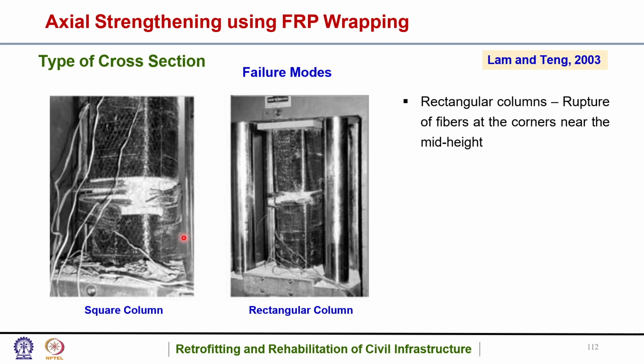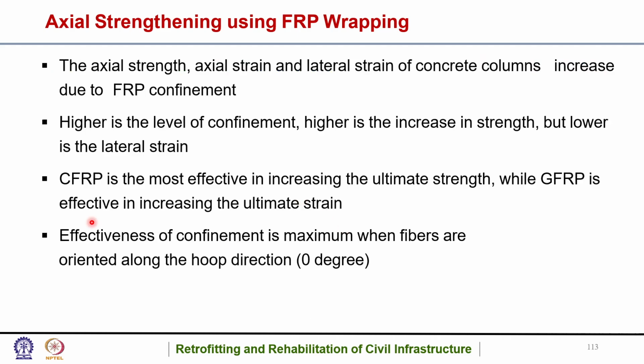Okay, so continuing that study, this was a square column and this was a rectangular column. In rectangular columns, rupture of fibers at the corners had taken place near the mid height. So the axial strain and lateral strain of concrete columns increase due to FRP confinement. The higher the level of confinement, the higher the increase in strength, but the lower the lateral strain.